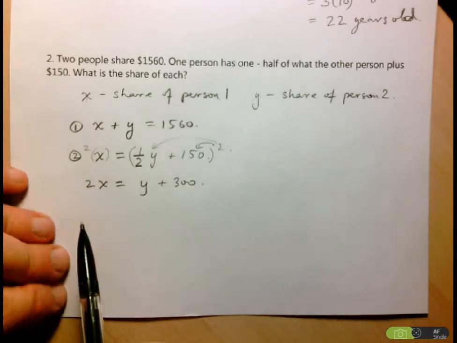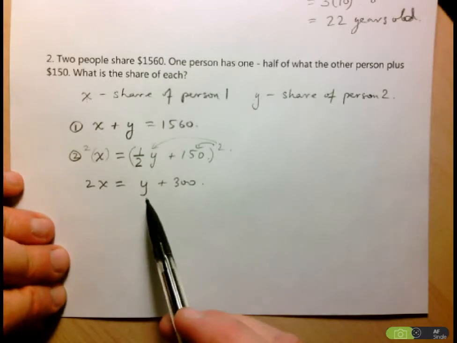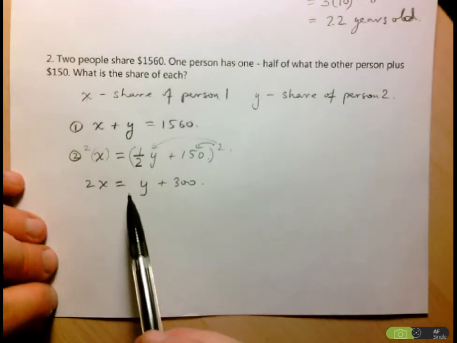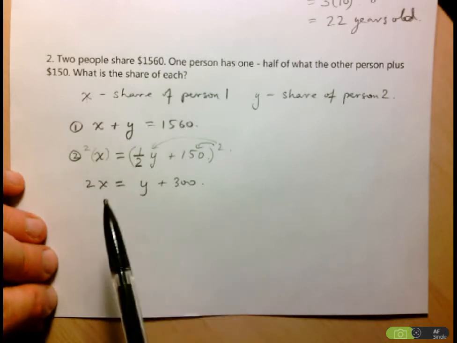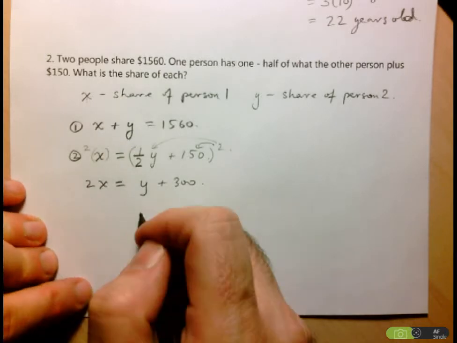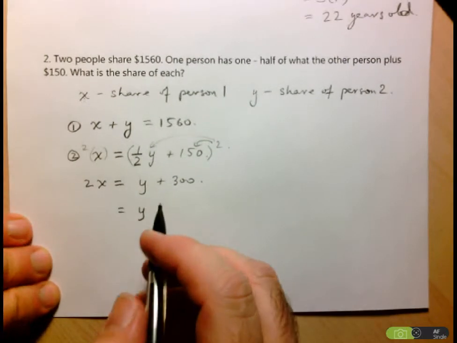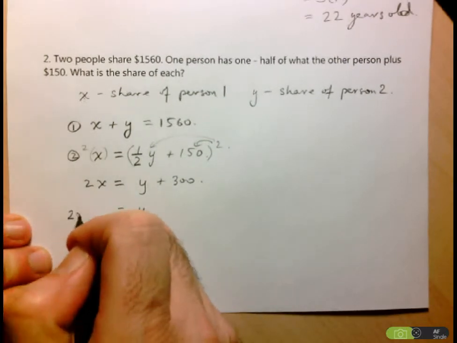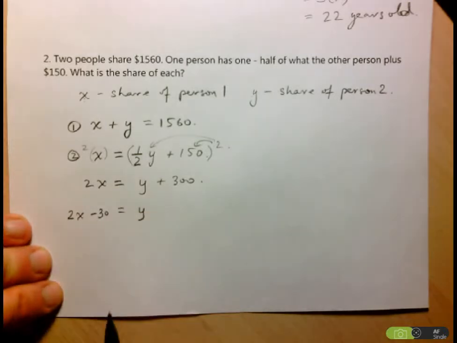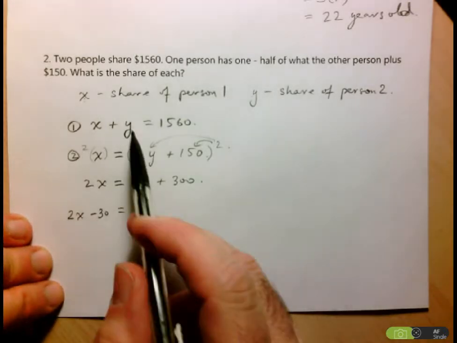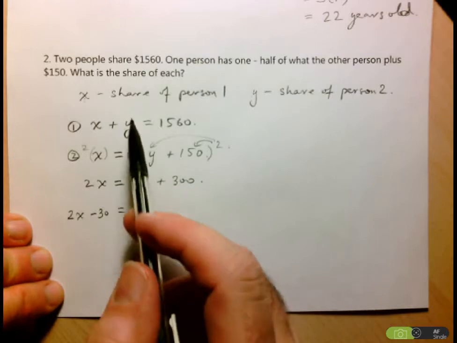So this is where we now want to do some sort of substitution. So we have to isolate one of these variables. So let's say from this equation I isolate the y. I got to bring this 300 to the other side, so it becomes minus 300. So it becomes 2x minus 300. This y and that y are equal, so I'm going to substitute.